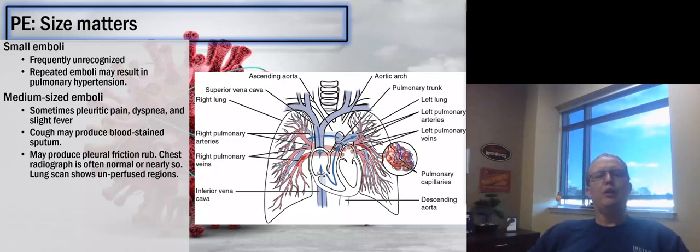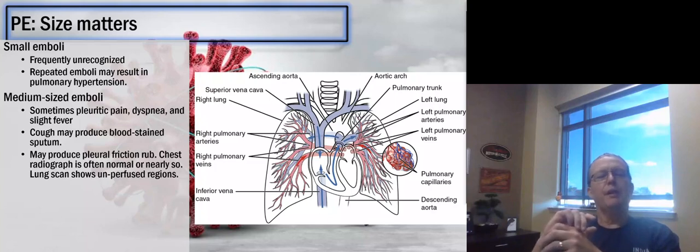The emboli could potentially produce a pleural friction rub, which is when the pleura, because of inflammation, is rubbed. The visceral and the parietal pleura are rubbing together, and that creates a sound very similar to sandpaper. If you were to take sandpaper and fold it and rub it on itself, it's a scratching sound.